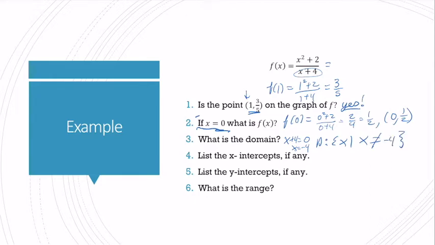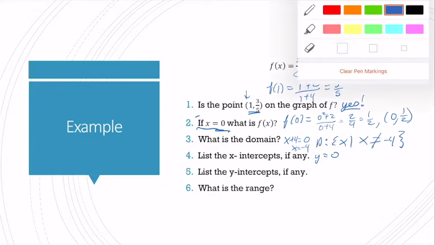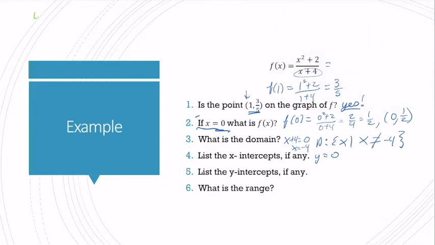Next, it's asking us to find our x-intercepts. So remember that our x-intercepts are when y equals 0. So if I set my function equal to 0, let's do this in green. This is number 4 up here. So 0 equals x squared plus 2 over x plus 4.